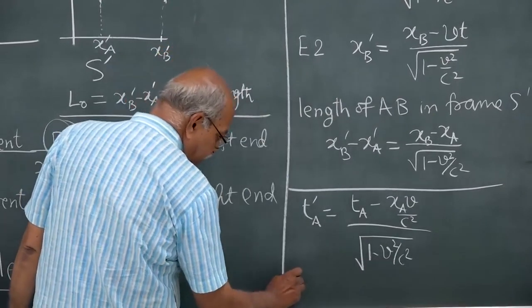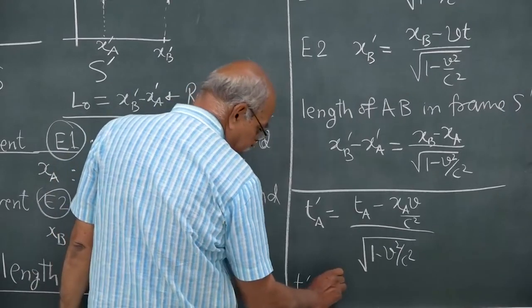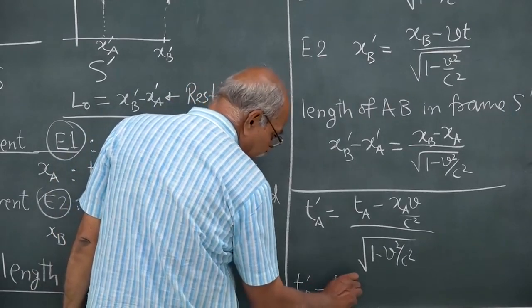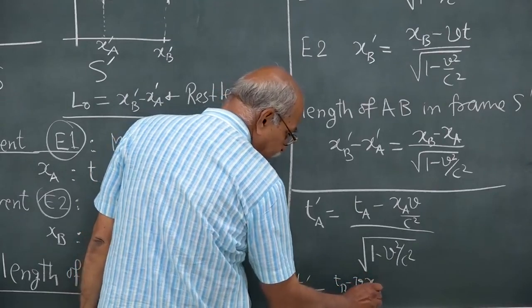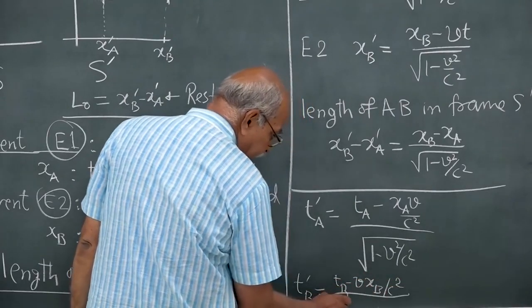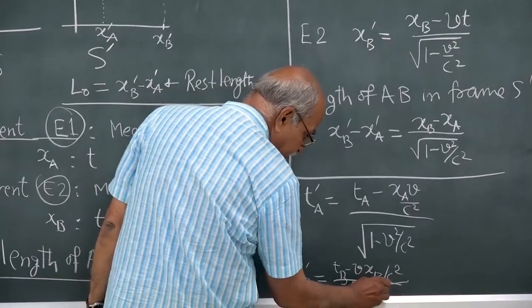And similarly, you can write for T B prime. T B prime will be T B minus v x B by c square, and then divided by square root of 1 minus v square by c square.